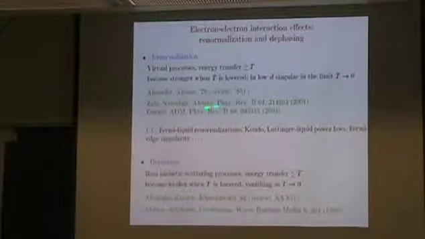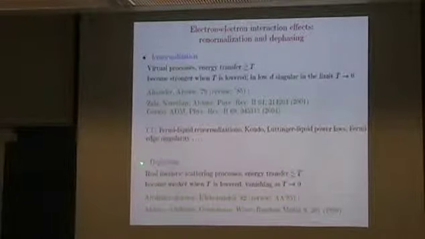They belong to the same class of phenomena, in the sense of renormalization phenomena like Fermi liquid renormalization, the Kondo effect, Luttinger liquid effects, power law Fermi singularity. So these are all phenomena coming from virtual processes with high energy transfers.